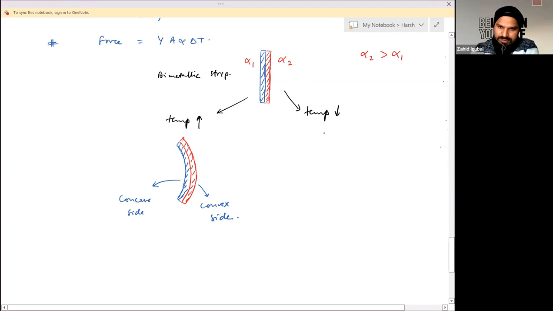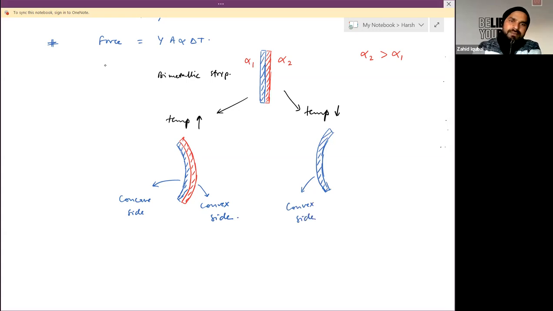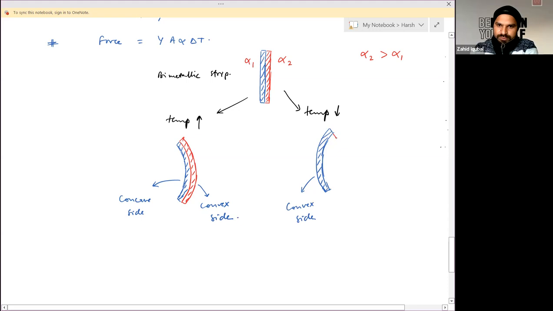So the shape of this bimetallic strip will be like this. The blue one will be towards the convex side in this part, and the red one will be towards the concave side.